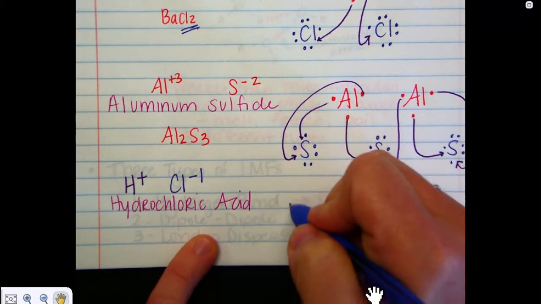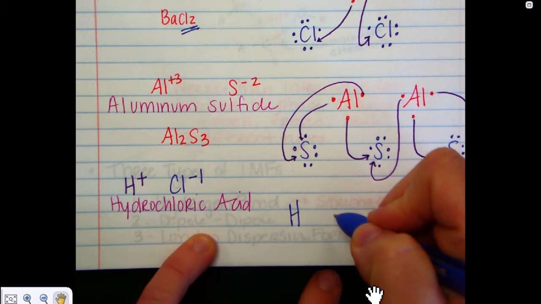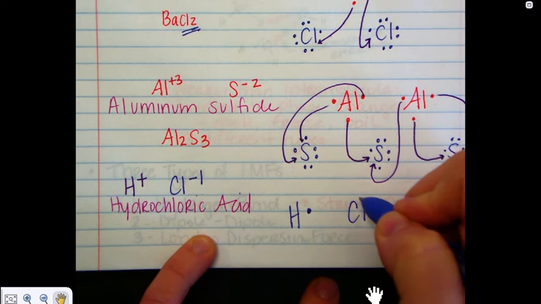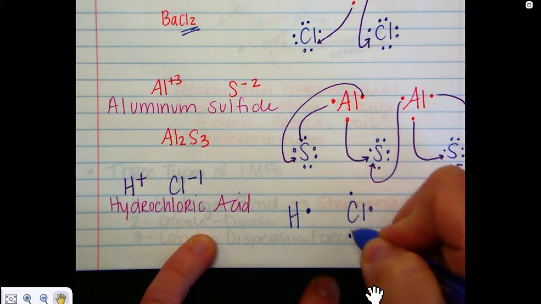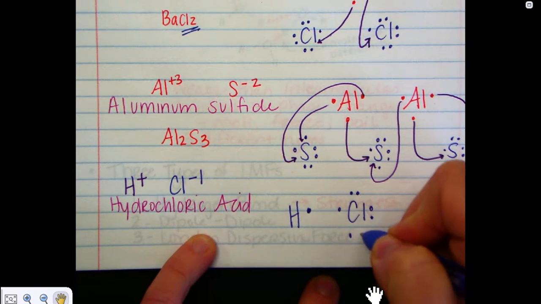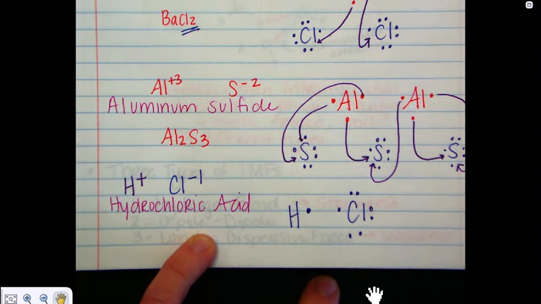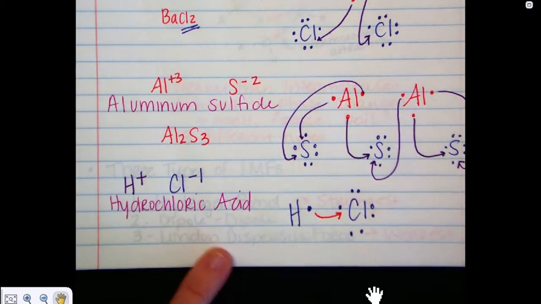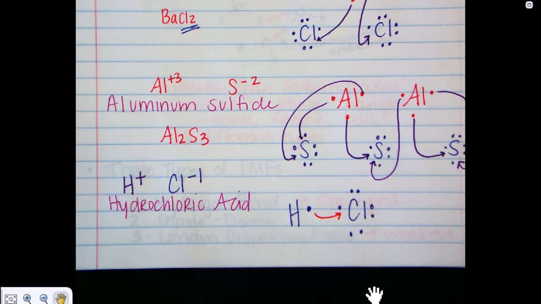I'm going to have my H, and it has 1 dot because it has 1 valence electron. My Cl is going to have 7 dots because it has 7 valence electrons. And my electron's going to move from the hydrogen to the chlorine to become H+1. So chlorine becomes Cl-1. Easy enough?